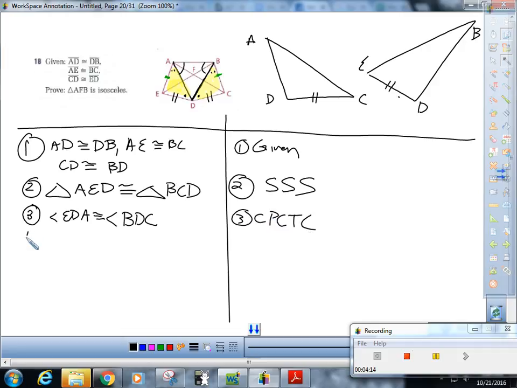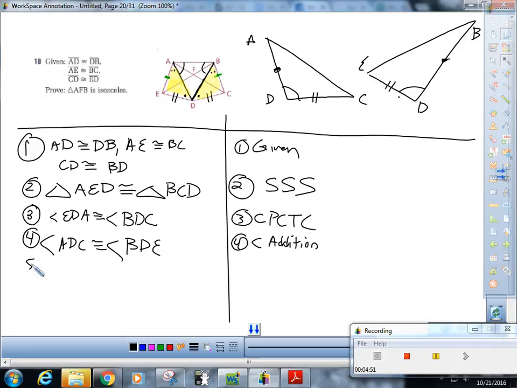Then I can say that angle ADC is congruent to angle BDE by angle addition. Okay, so now I've got this is congruent to that. I already was given that AD was congruent to DB, so we had that all along. So now we've got these two triangles are congruent.